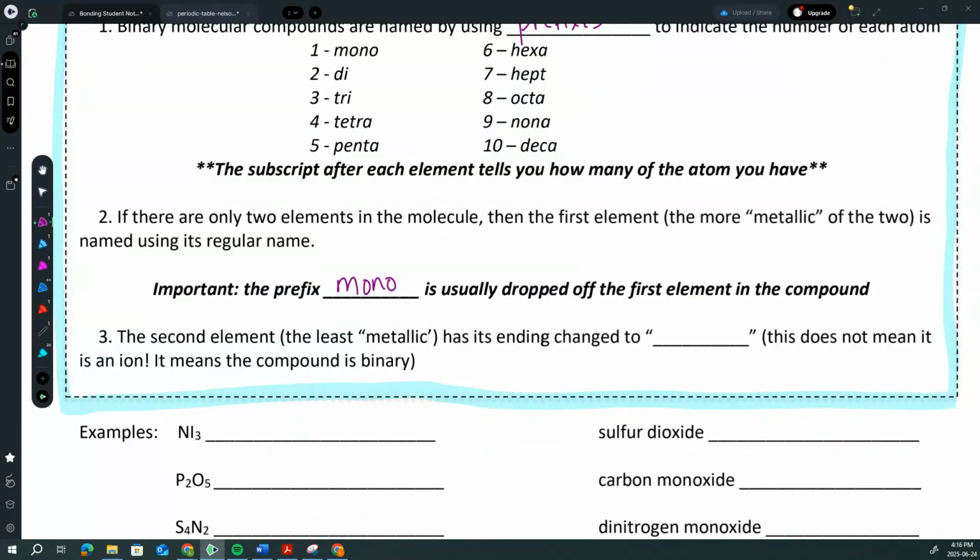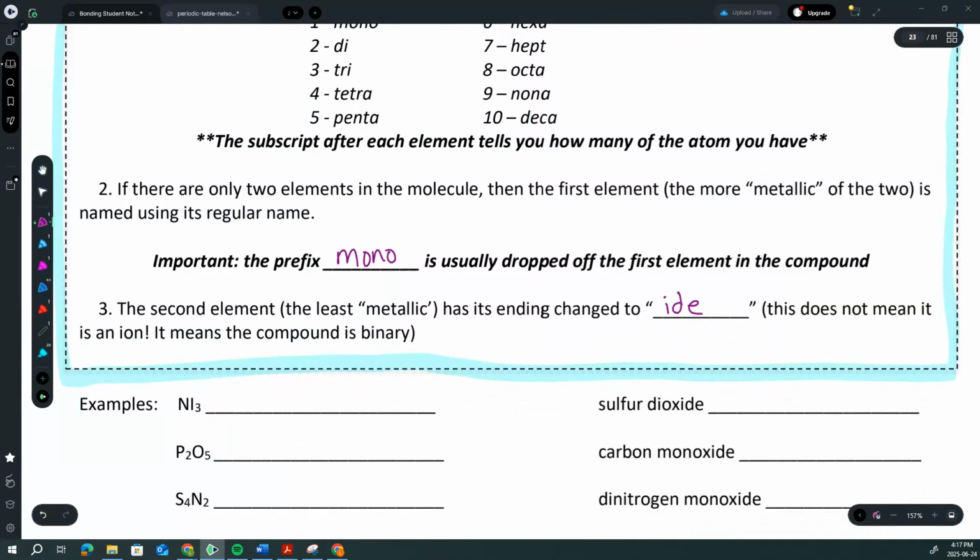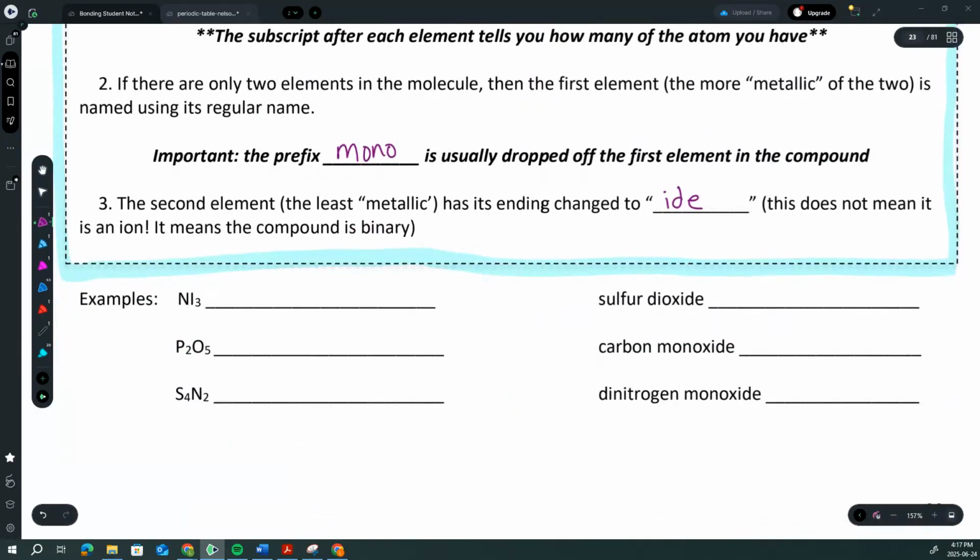For step 3, the second element, or the least quote-unquote metallic, even though it's still a nonmetal, has its ending changed to IDE. It doesn't mean it's an ion, it just means that the compound is binary, so there are two elements in that compound.